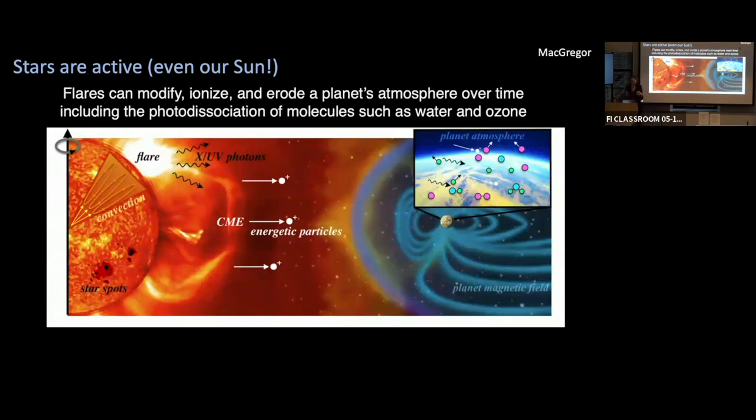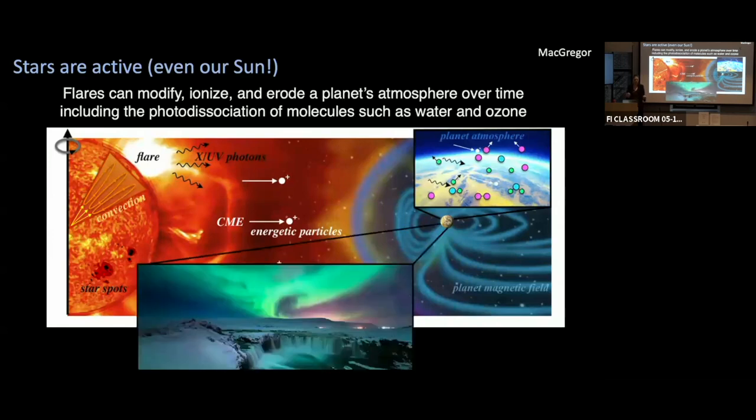Some of those particles make it in through the poles into the atmosphere, and what they do is ionize the molecules in the atmosphere. They split apart molecules like water and ozone. This is what causes aurora on our planet, right? Because we have a lovely magnetic field and a very thick atmosphere, it doesn't completely destroy the atmosphere, and our star is pretty quiet. So we get beautiful colored lights, and we all get to still live here as humans.